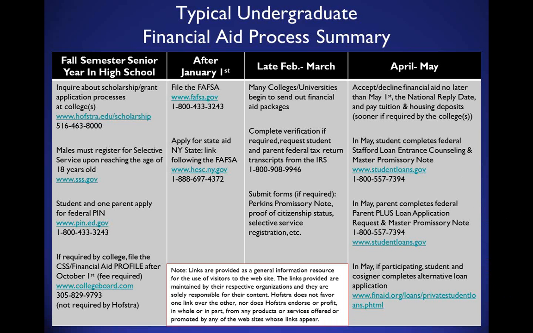And then in May, there are additional processes for students to file for the Stafford loan as well as parents if you're going to be borrowing the parent loan. And then if you're going to be borrowing the alternative loans, we've provided that website for you there to compare the different alternative student loan programs.